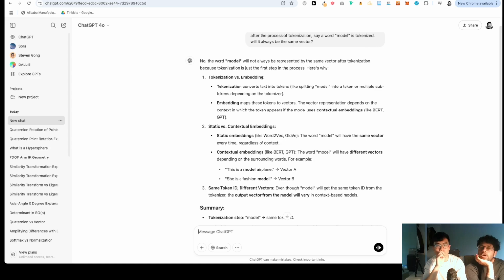Contextual embedding. Oh, I see. I don't know about contextual embeddings. Yeah, BERT or GPT.